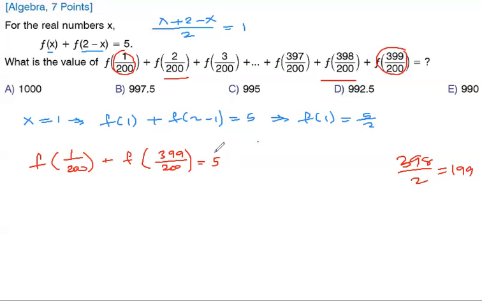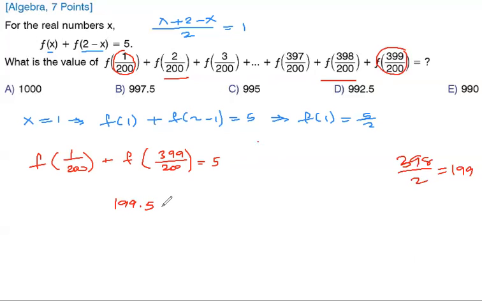Each pair adds up to 5, or one of them is just equal to 2.5. So we can just use that. f of 1 was 2.5, but that's also the average of whatever you plug in. So the sum of these terms is the same as 199 of those pairs.